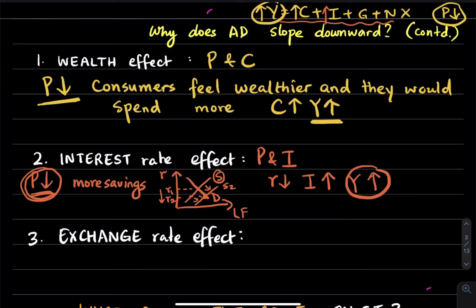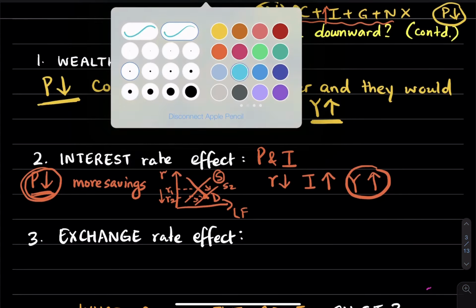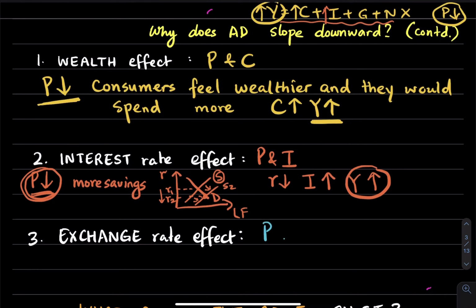Now, the last reason why the aggregate demand curve slopes downward is the relationship between prices and net exports. We've already seen that when there is a price decrease, the real interest rate also falls, so they move in the same direction.